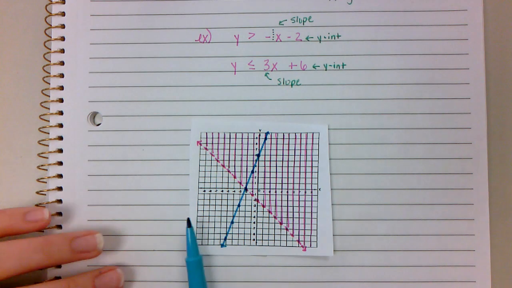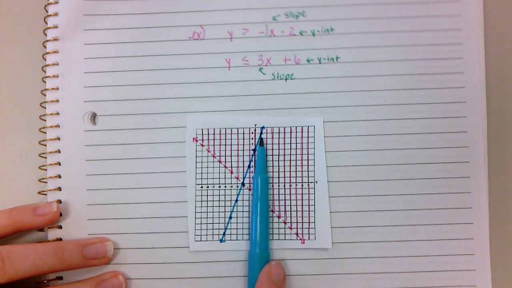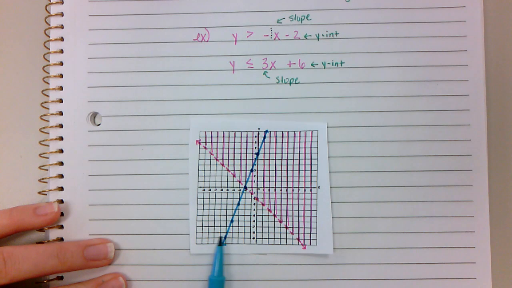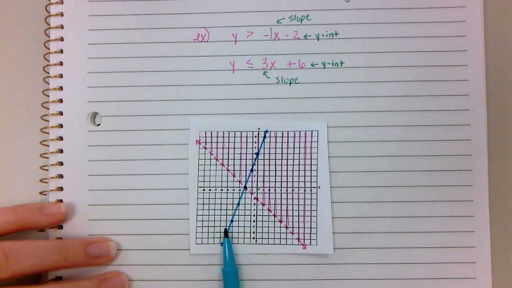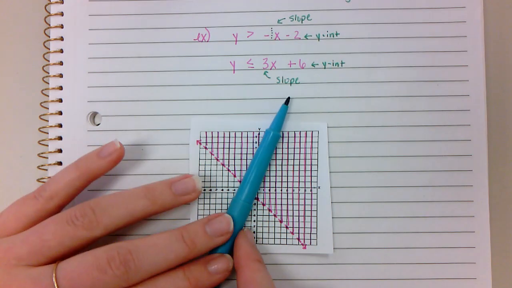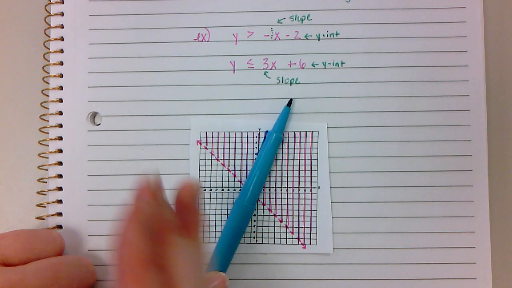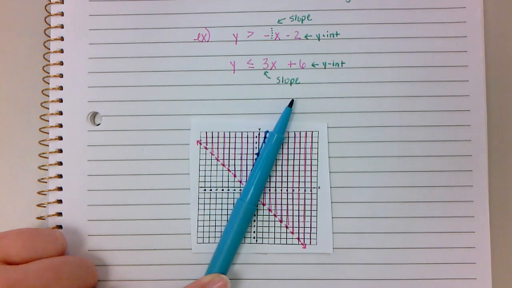But if we read graphs from left to right, this is where this line starts and the line goes up. It has a positive slope. So if the line starts here, no matter if it's positive or negative, if you're shading over here, you're actually shading on the top of the line. Like this is above the line and this is below the line. Okay, because we're reading from the left to the right. So this is actually what's underneath that line.